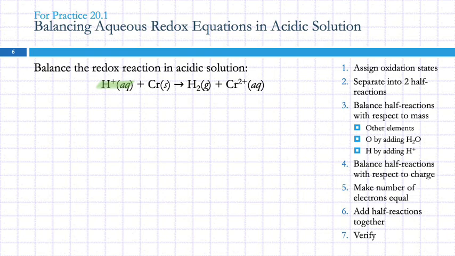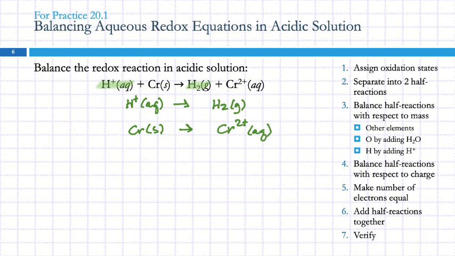It's the H2. So those 2 go together in 1 half reaction, and the chromium things go in the other one. So I've got H+, aqueous, is somehow going to turn into H2 gas. And chromium solid is going to turn into chromium ions.